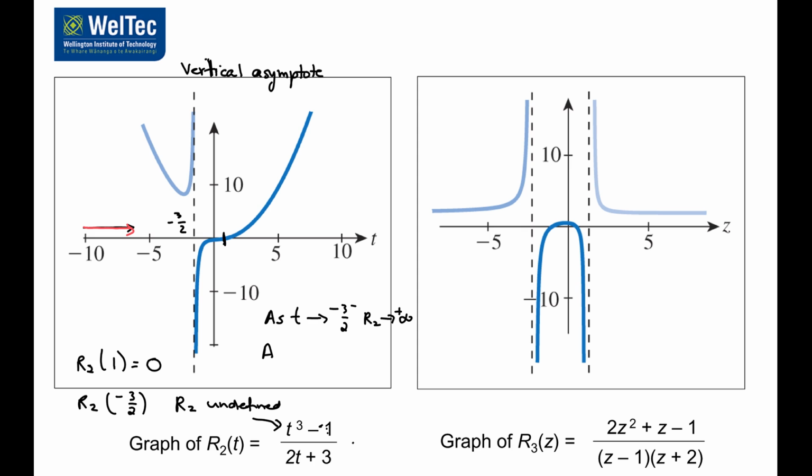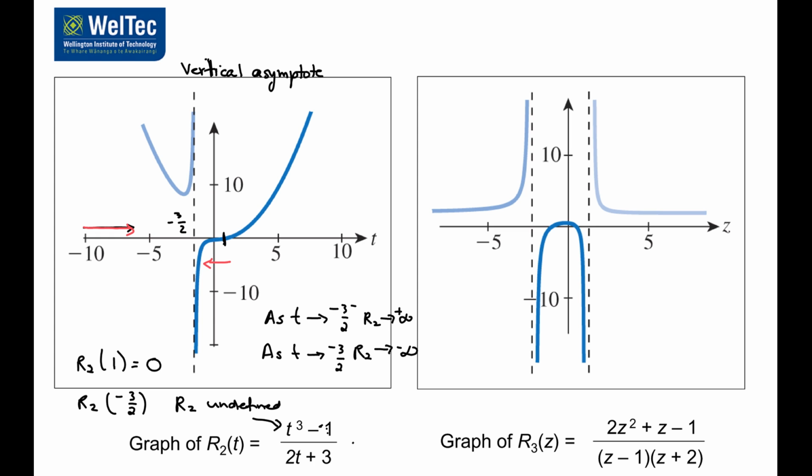If we're coming in towards t from the right, so we're coming in this way, what's happening? The function is shooting off down towards negative infinity. And these sort of things help us draw the graph for things that we don't know what it looks like.